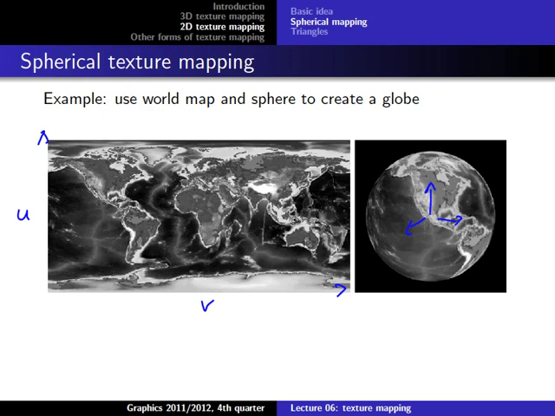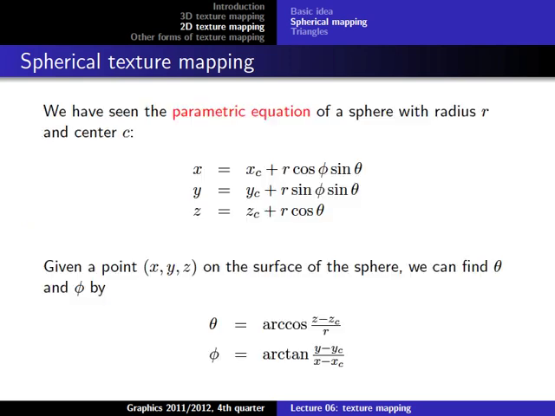So we can have an easy mapping by looking at the parametric equation. We have the 2 parameters theta and phi that control our point on a sphere. Now we just have to make a mapping between those 2 angles and the u, v coordinates that we have on our 2D map.